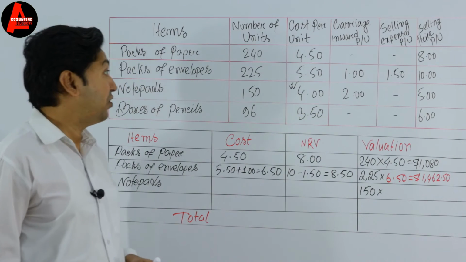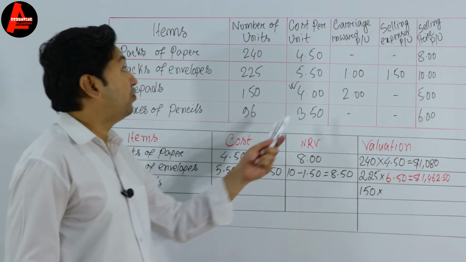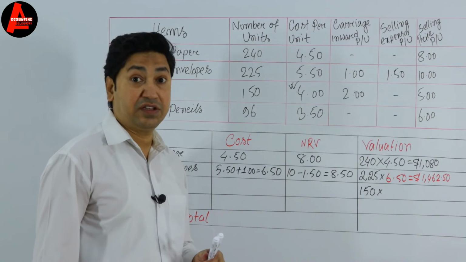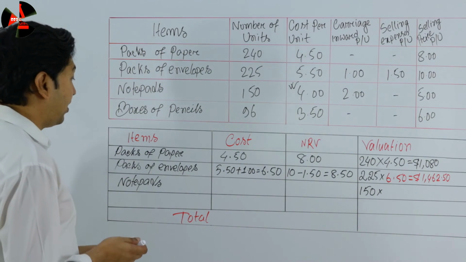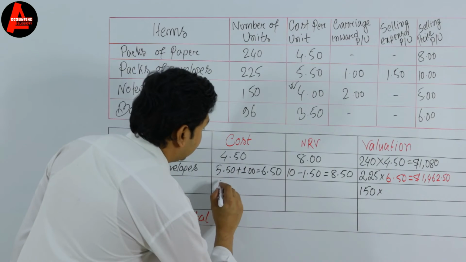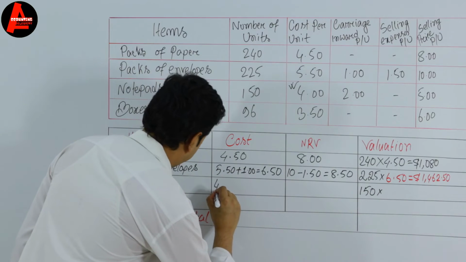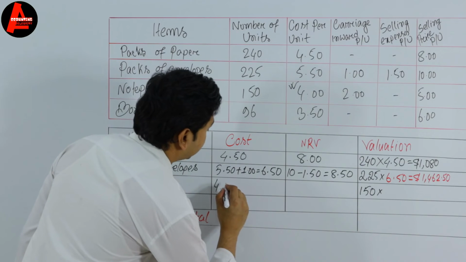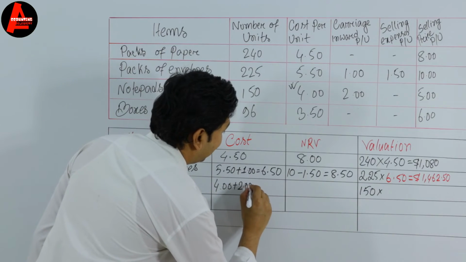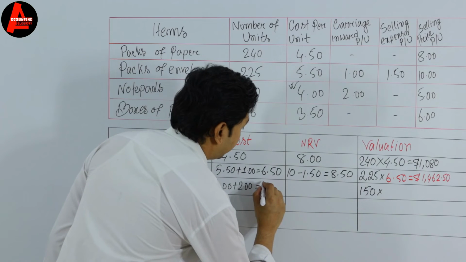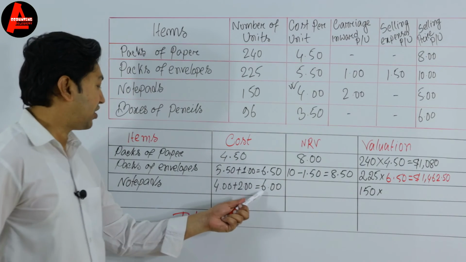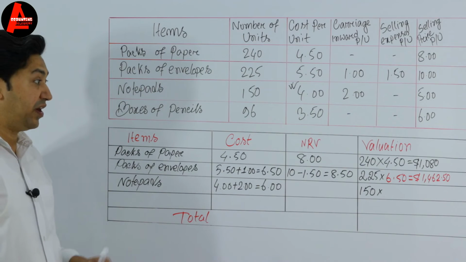So we have to add carriage inward $2 with the cost price. Cost price is $4 plus 2 equal to $6. This is the cost price for notepads.